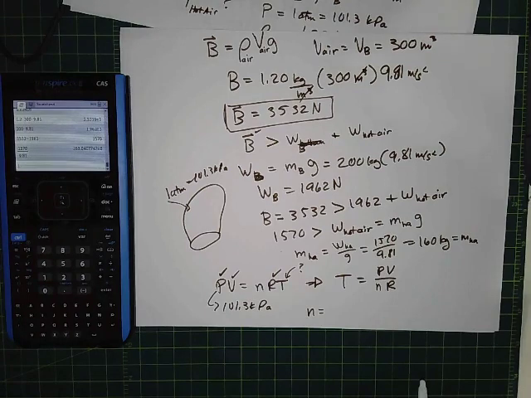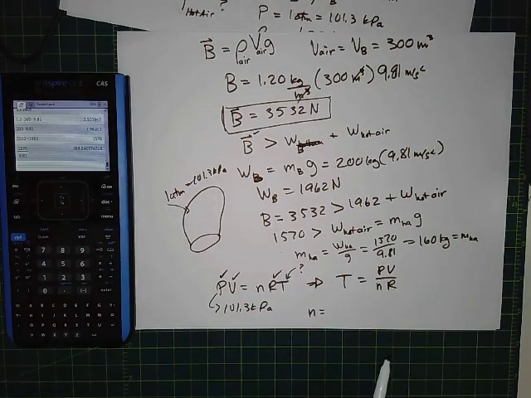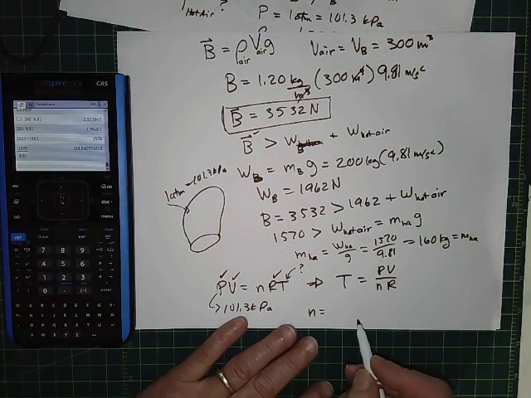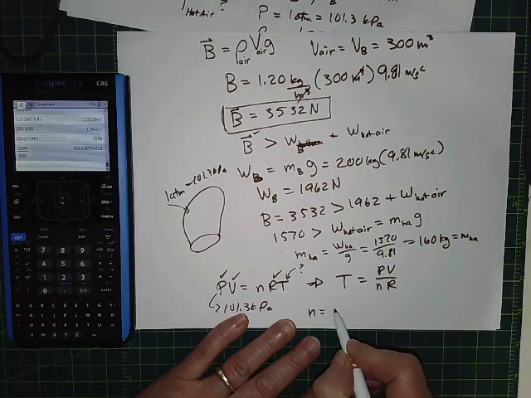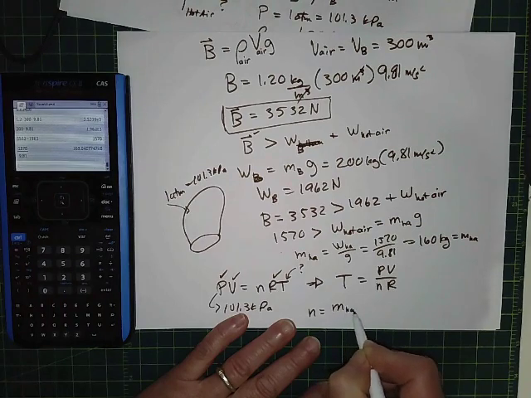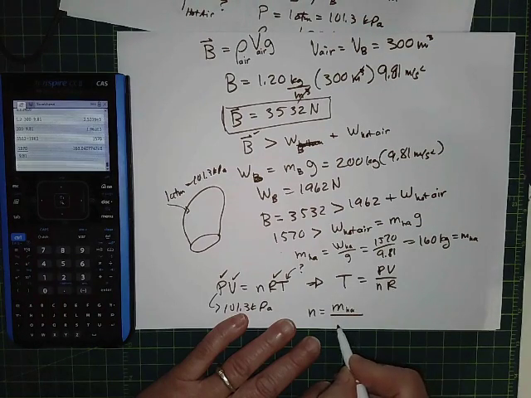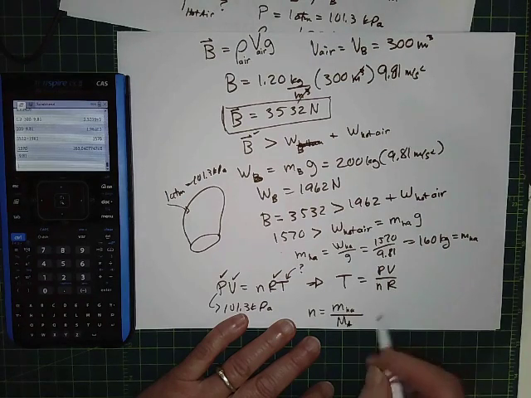We have our formula from way back that gave us the molar mass of air for our special mix of air, so the number of moles will be the mass we have of hot air divided by how much mass there is in 1 mole of air.